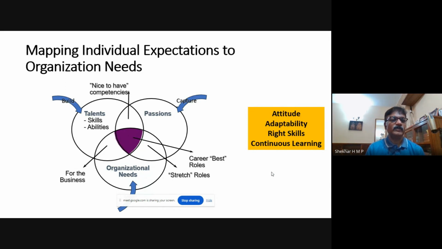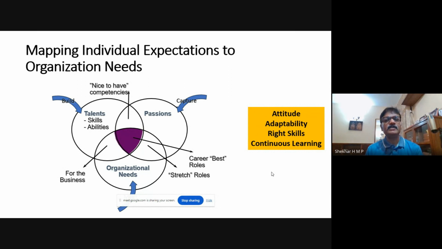When the business demands it, and the organization requires it, you need to acquire those skills. If your passion is to learn some new language, but your project doesn't need that, it is a nice-to-have competency, but not for the organization. They should be aware of these things. Something is nice, but the organization expects something else. Sometimes you don't know, and you need to stretch and learn.